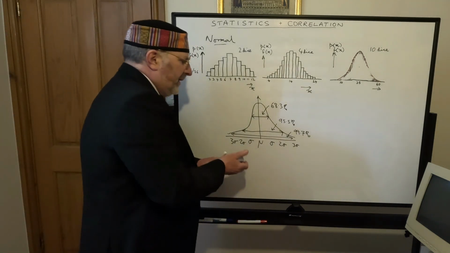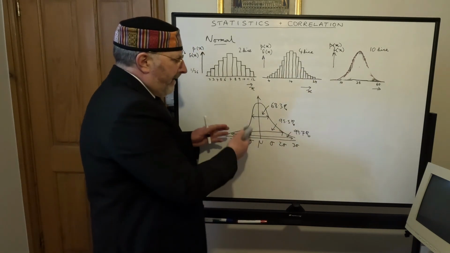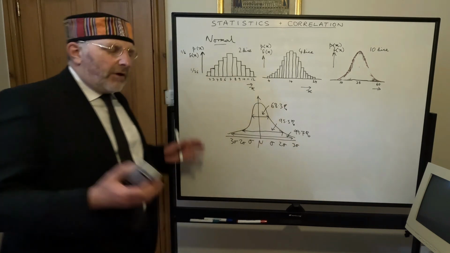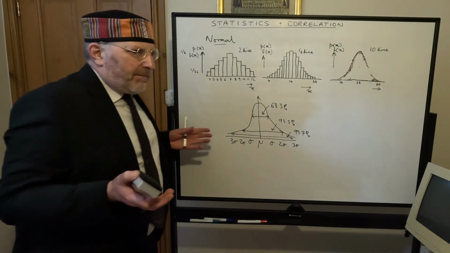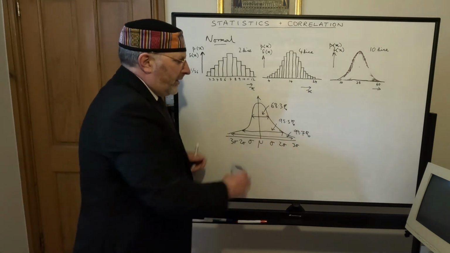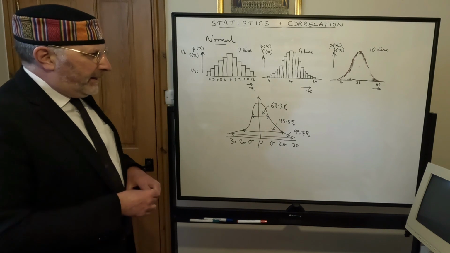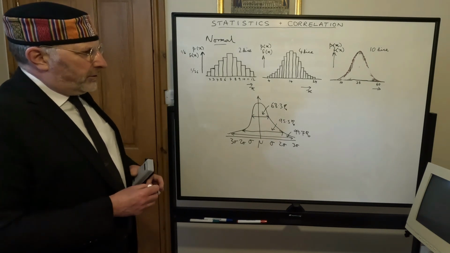So if we have people's heights or the scores on the dice, then 99.7% of people's heights or 99.7% of the scores will lie within 3 standard deviations of the mean. That's for an exact normal distribution.